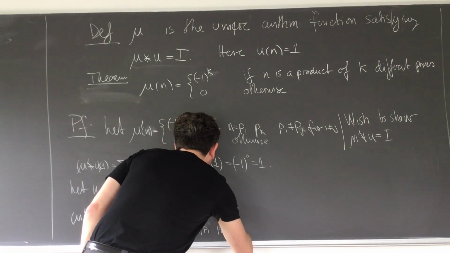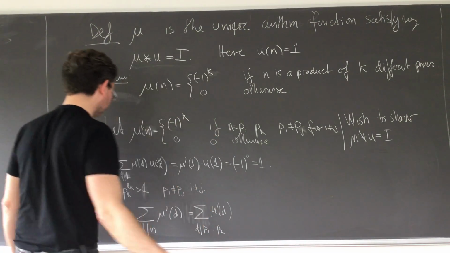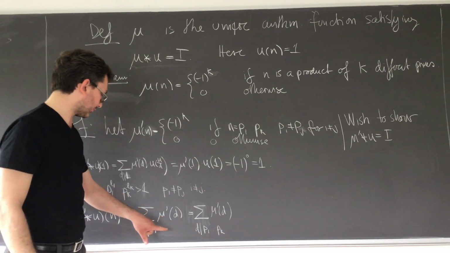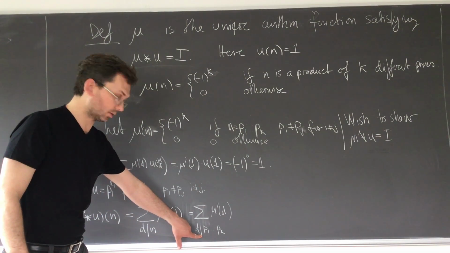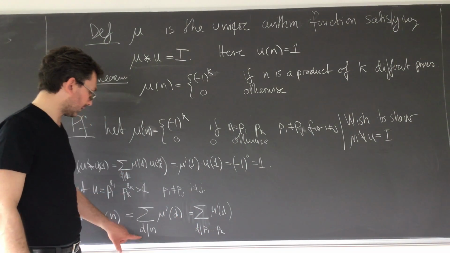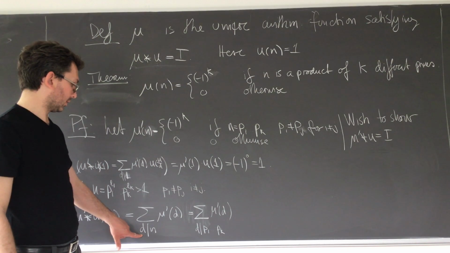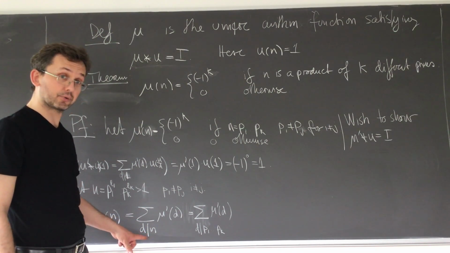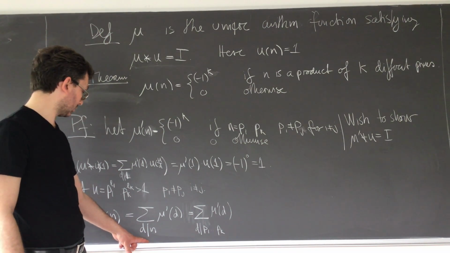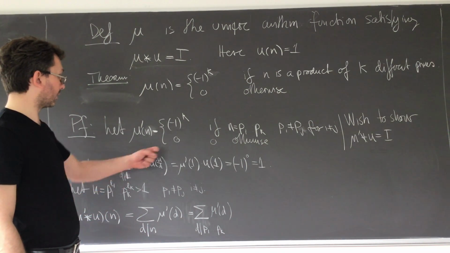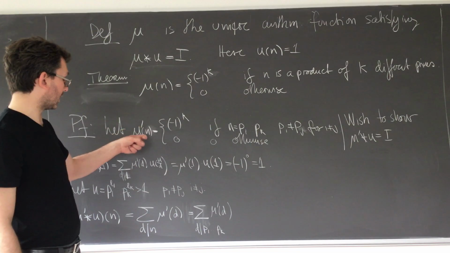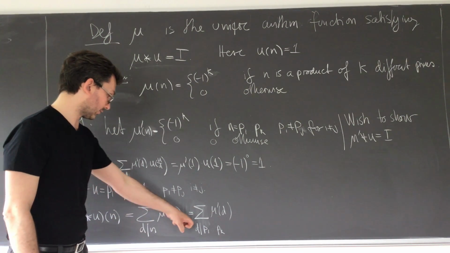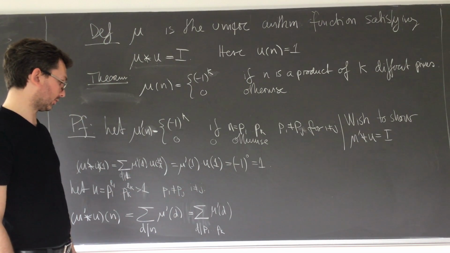The divisors that are in n but not there are exactly the divisors that will have some higher power of some prime, higher than 1. But for those, mu prime at that divisor is always going to give you 0. So that shows that this equality is true.